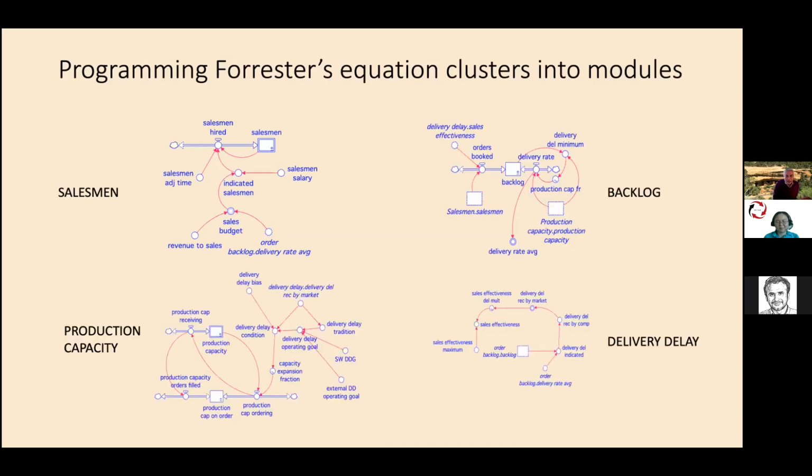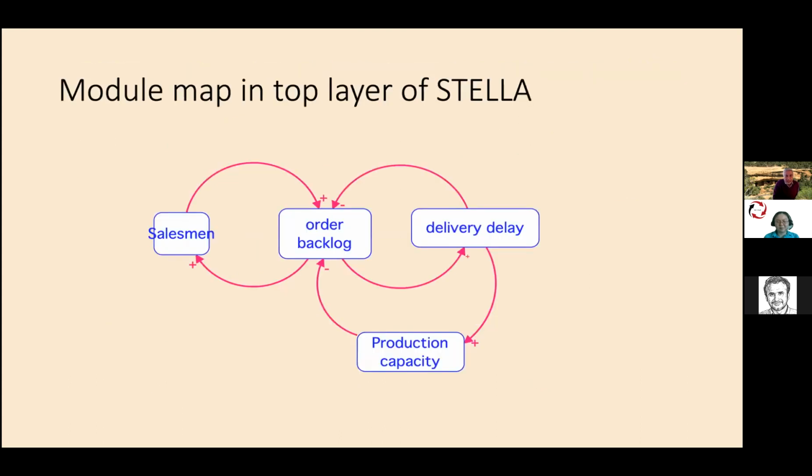So there are 4 clusters in his equations: salesman, backlog, production capacity, and delivery delay. And I placed them in separate modules. And here is the module map, which came out of this process.